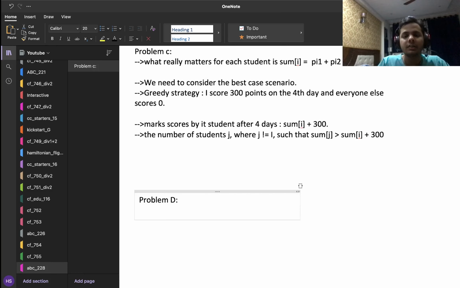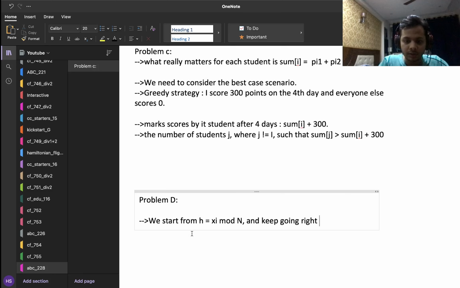So in the query of first type, let's write down formally what we actually want. We start from h equals xi mod n and keep going right cyclically until we find a minus 1.